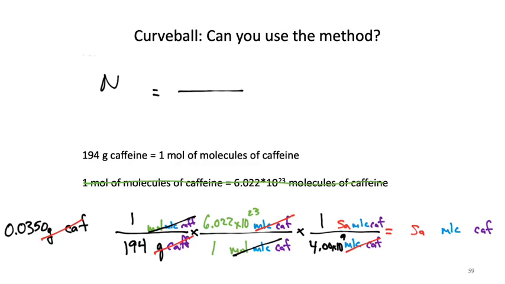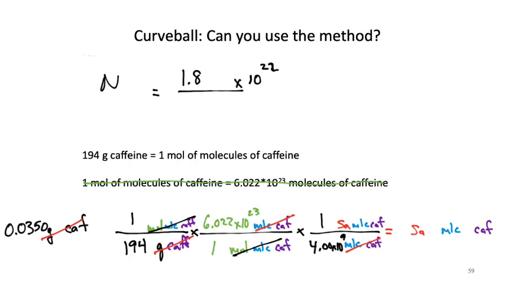What do we get? Actually, I think it's 22.1.8. What did we get?